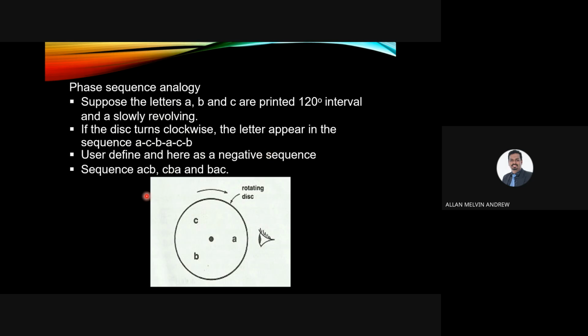The sequence will be A C B, C B A, or B A C.